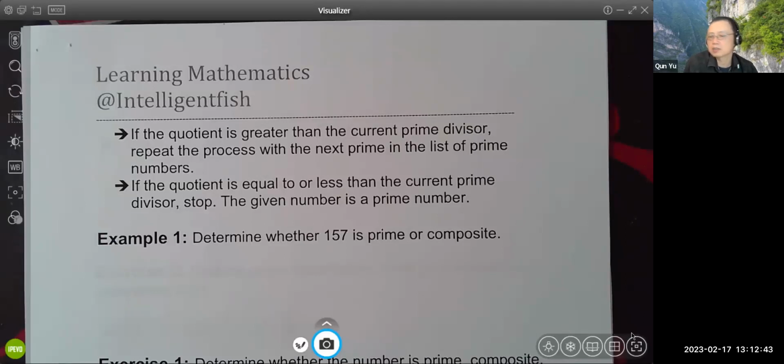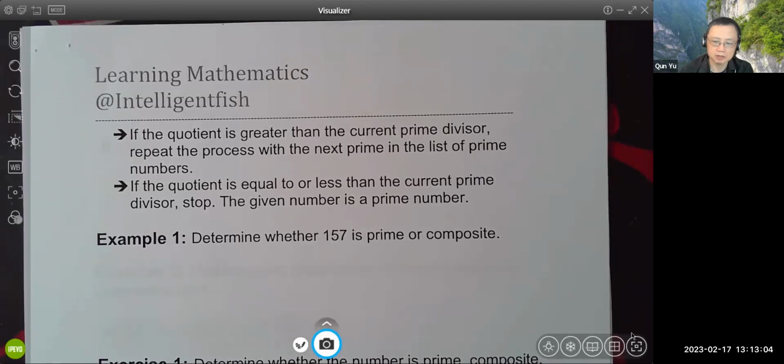You don't need to worry about whether they're prime or not, as long as you cannot divide into that number evenly. Once your quotient is smaller than the divisor you use to do division, you stop. That means it's a prime number, if you still cannot find a number that divides into the given number.